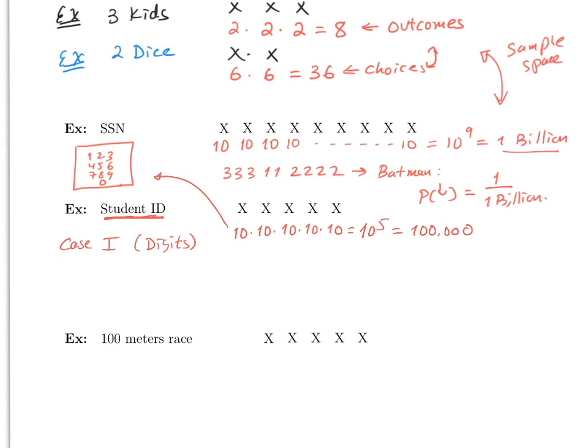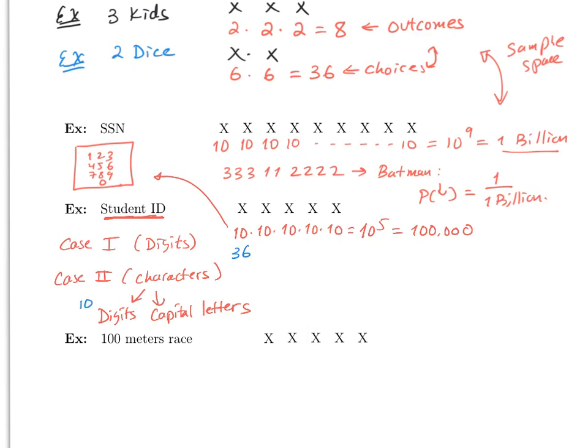Well, what about if you can use characters? Characters means you can use digits, but you can also use capital letters. In that case, you have 36 choices. Why?